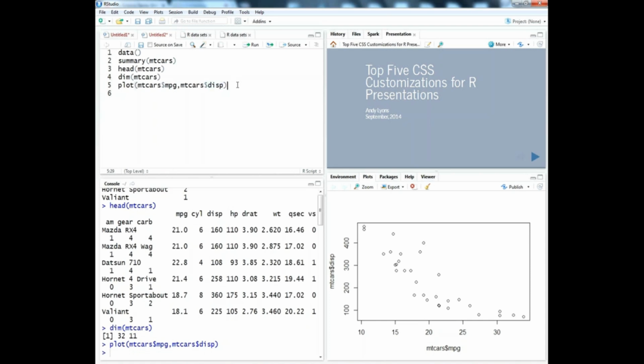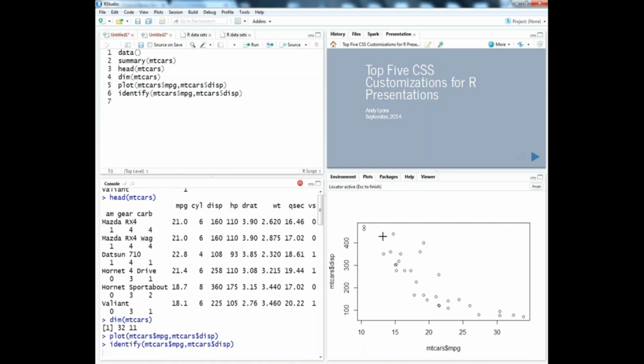For example, if you want to identify a particular column, a particular value, what does it look like? See, for example, I want to know this point.